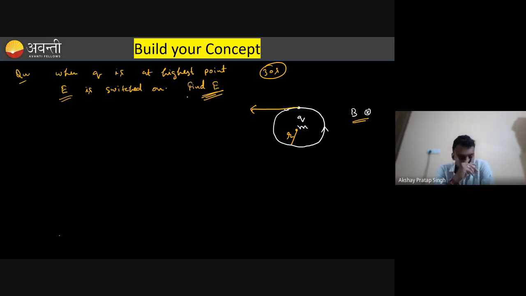And you should answer one more thing. What should be the direction of electric field which is turned on? So without wasting any time, just tell me the direction of electric field. After that, we will move further for the next part, the magnitude of electric field.